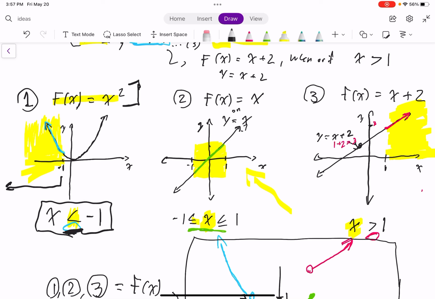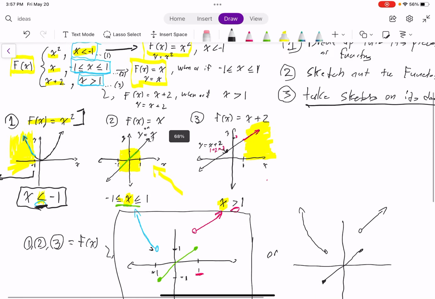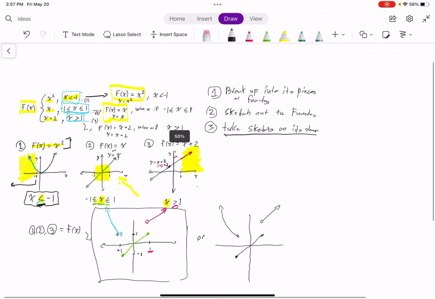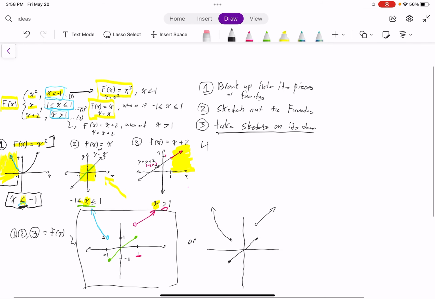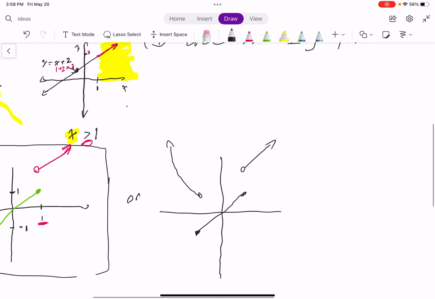So you want to take only the part on the domain, which in this case is in blue, green and red. And then 4, add on 1 graph. So this is what it looks like in the end.